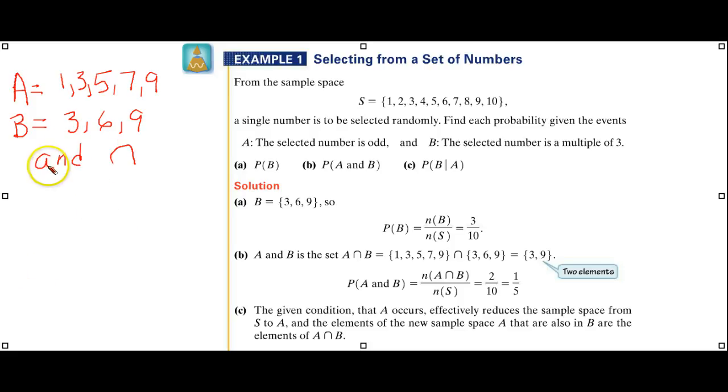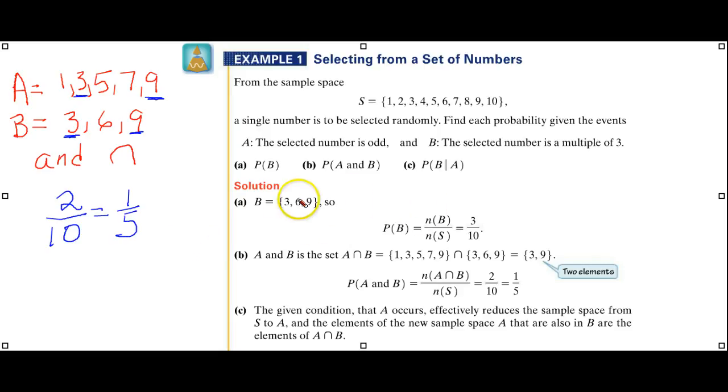So this is an "and," an intersection. And what do we find intersecting? Well, we have a 3 and a 3, and a 9 and a 9. So in a sense, 2 elements out of 10 meet our criteria, which we can reduce to 1/5.